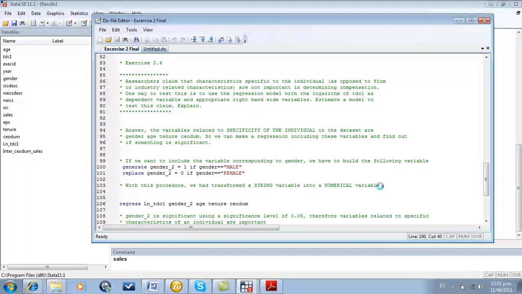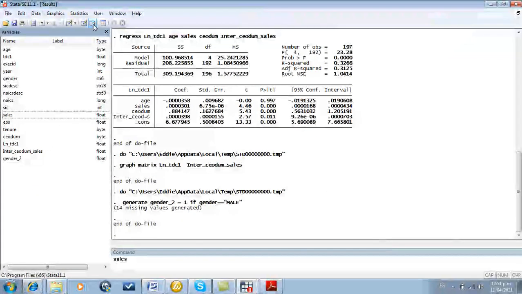Generate. Okay, something is wrong. Sorry, my computer is working. Perfect. We have to run these two commands. Generate. First I will show the effect quickly.